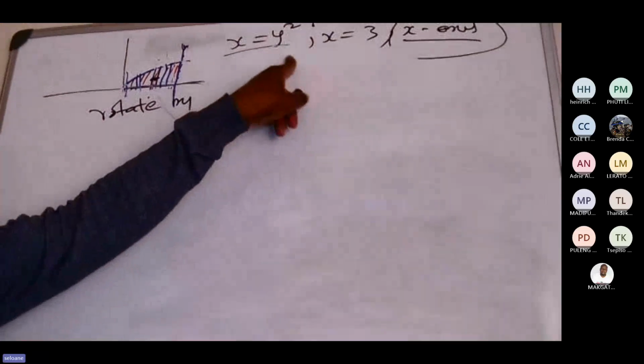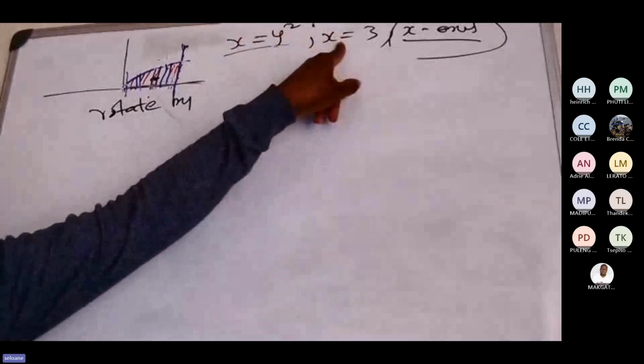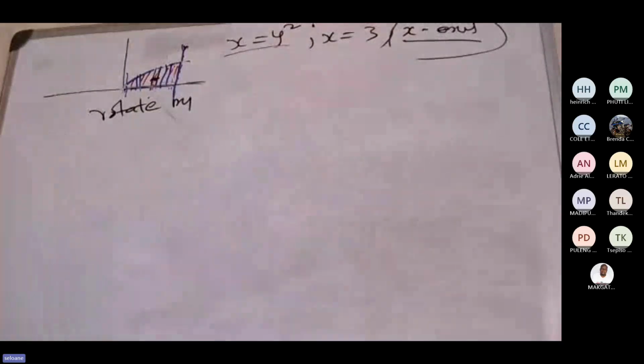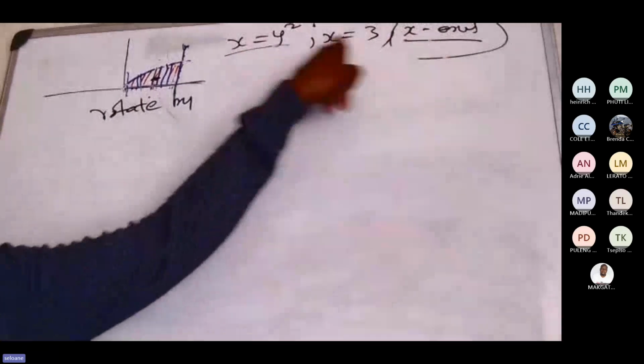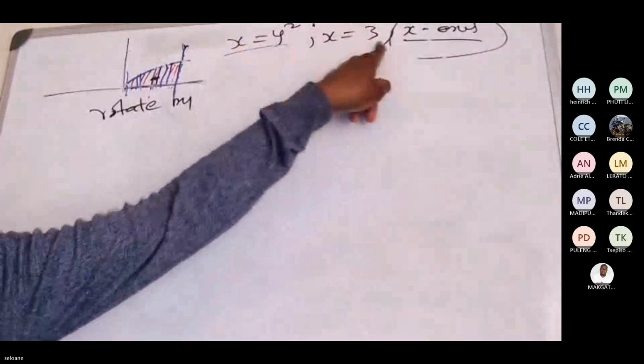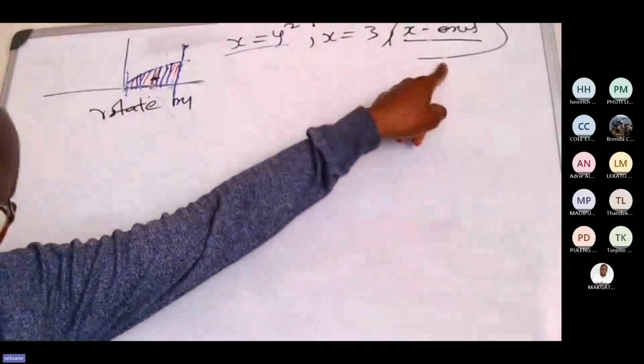Let's say you take the very same region, enclosed by this and this. And now you are going to rotate it by a line that is not here. You are not going to rotate it by this line. You are not going to rotate it by this line.